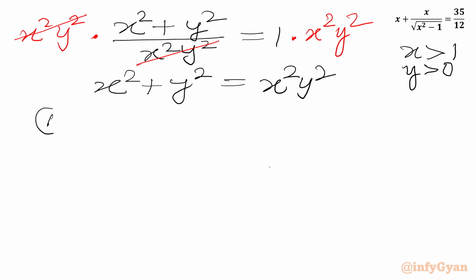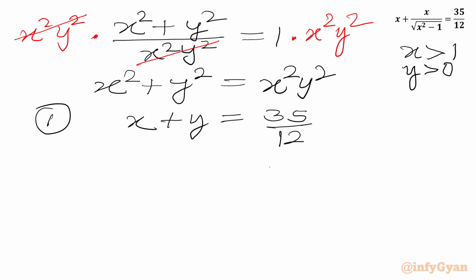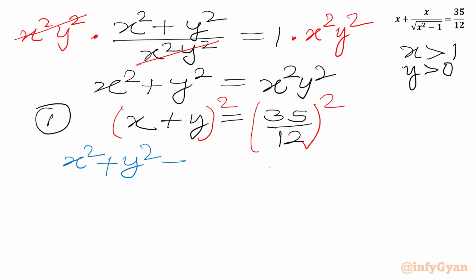Now we have equation number 1, x plus y equal to 35 over 12. Now we are going to square both sides. So let us put part 2 over here and let us put part 2 on the right hand side. Now we will be using the (a plus b) whole square identity, so we will write a square plus b square plus 2ab.